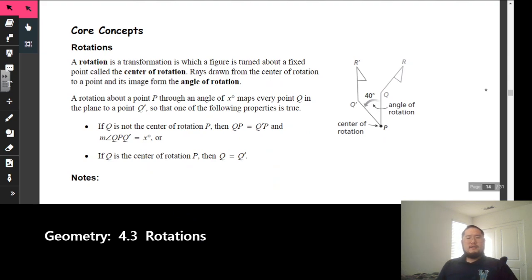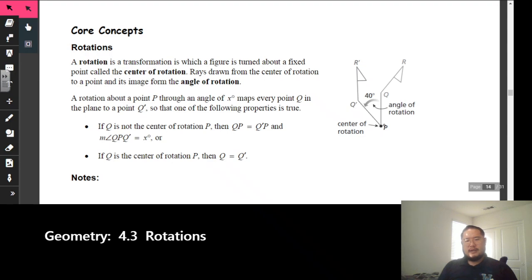Okay. So in that first sentence, it says a rotation is a transformation in which a figure is turned around a fixed point called the center of rotation. Fair enough, we talked about that. Rays drawn from the center of rotation to a point and its image form an angle of rotation.